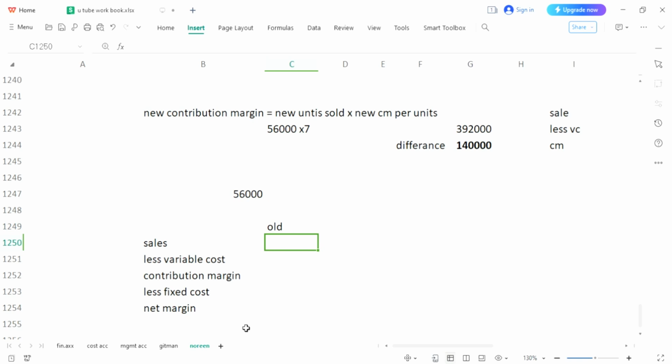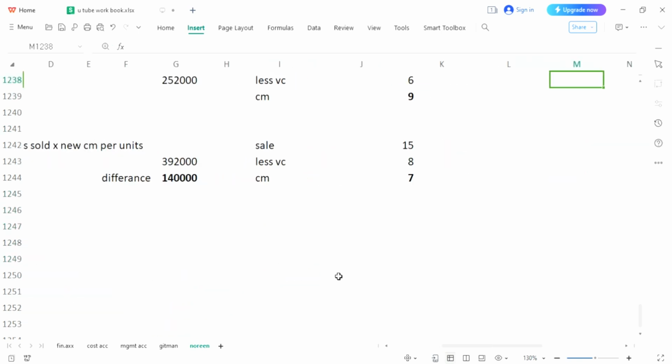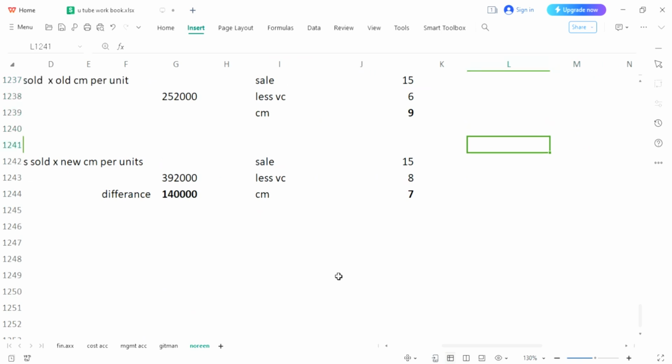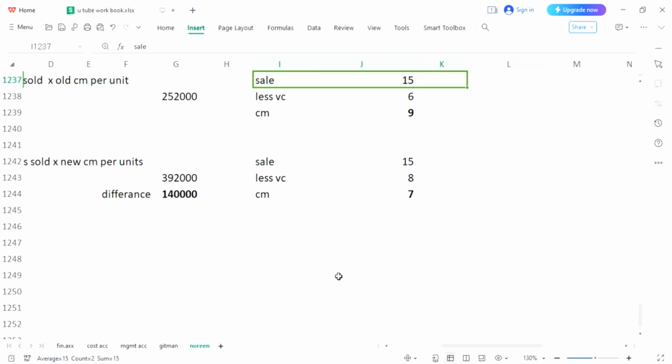How would you calculate your sale? Old units were 28,000, hopefully you remember, and you need to multiply it with selling price of 15. We have just calculated it over here, so please keep it in mind. I am taking these statements beside our solution so that you can keep it in your mind.